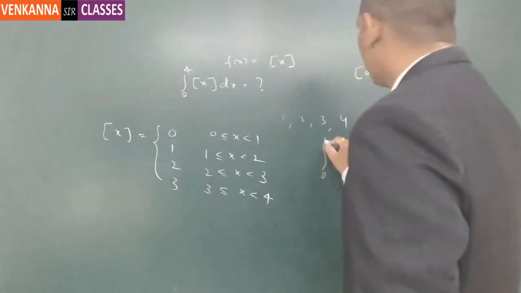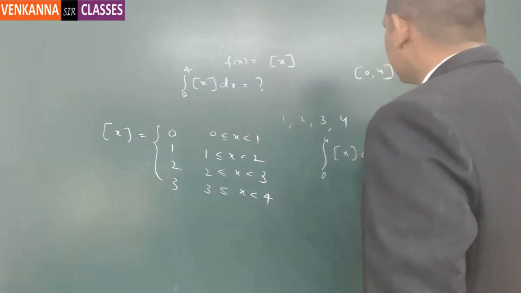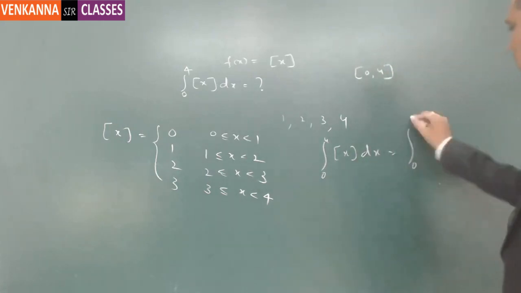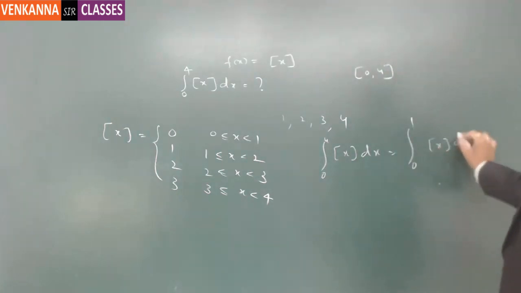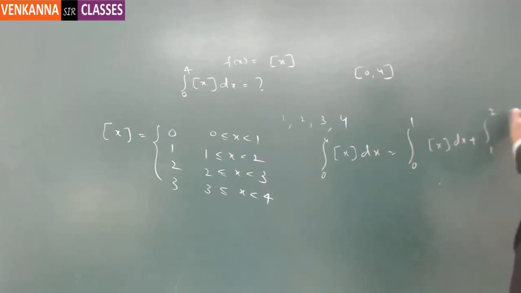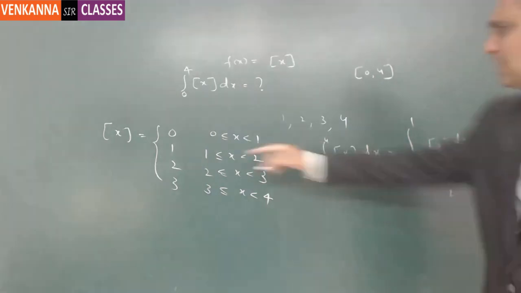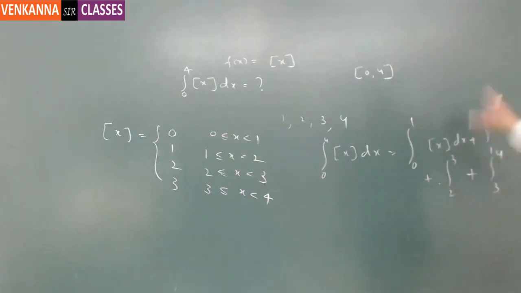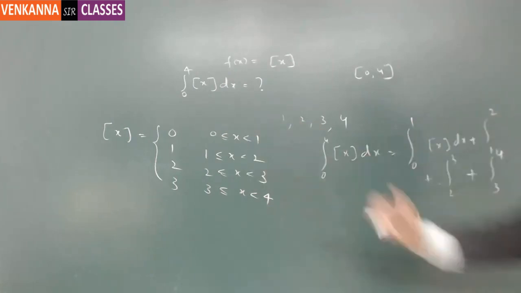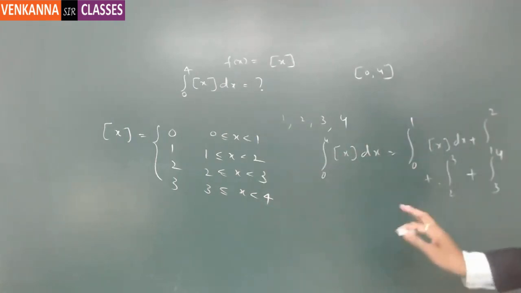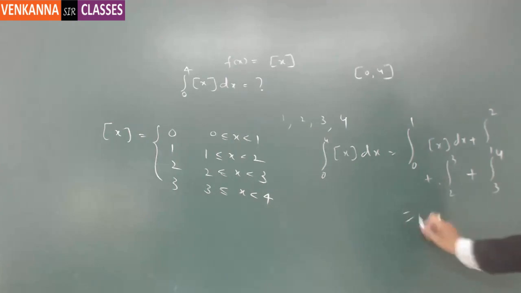So the integral from 0 to 4 of the step function of x dx is nothing but the integral from 0 to 1 of the step function of x dx plus the integral from 1 to 2 plus the integral from 2 to 3 plus the integral from 3 to 4. So it is nothing but the integral from 0 to 1 of 0, from 1 to 2 of 1, from 2 to 3 of 2, from 3 to 4 of 3. Simply doing integration you will get the answer.